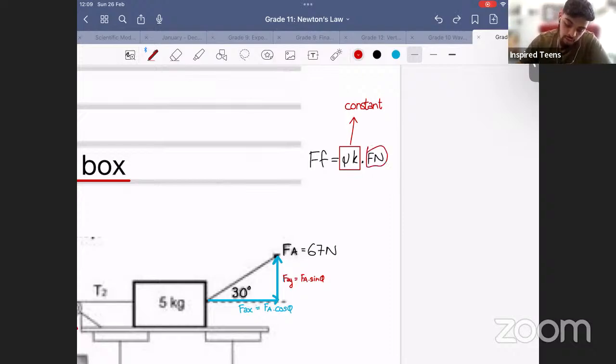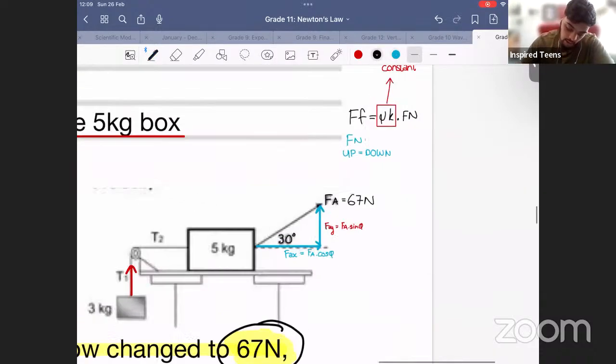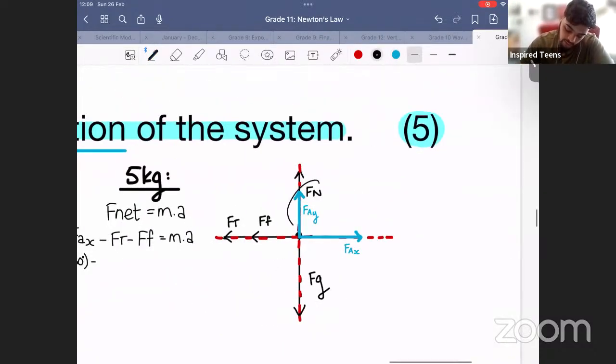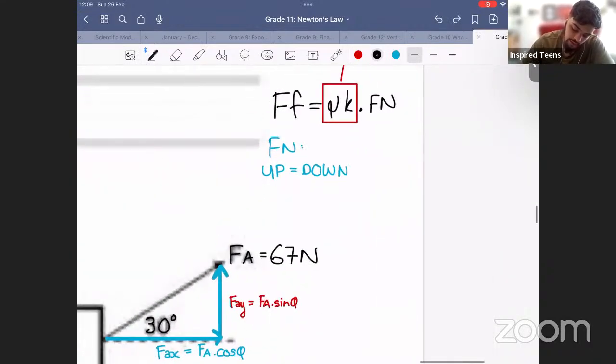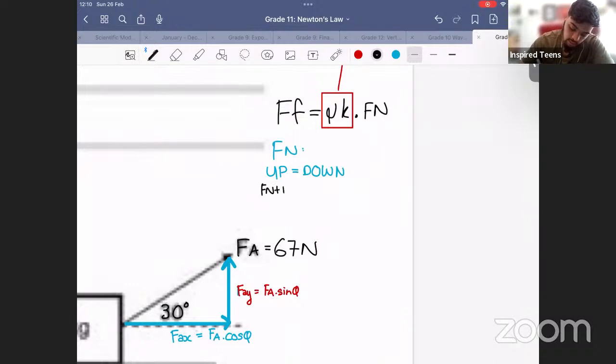What about normal? We don't know, so let's try and see. What is the formula for normal? There's no formula. Up forces are equal to down forces. What are our up forces? Fn and Fay, and the down force is Fg. Fn plus Fay is equal to Fg.